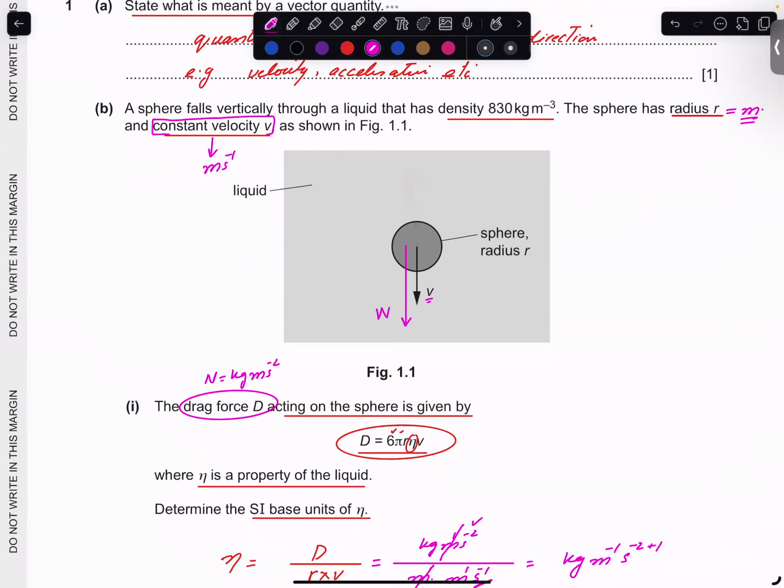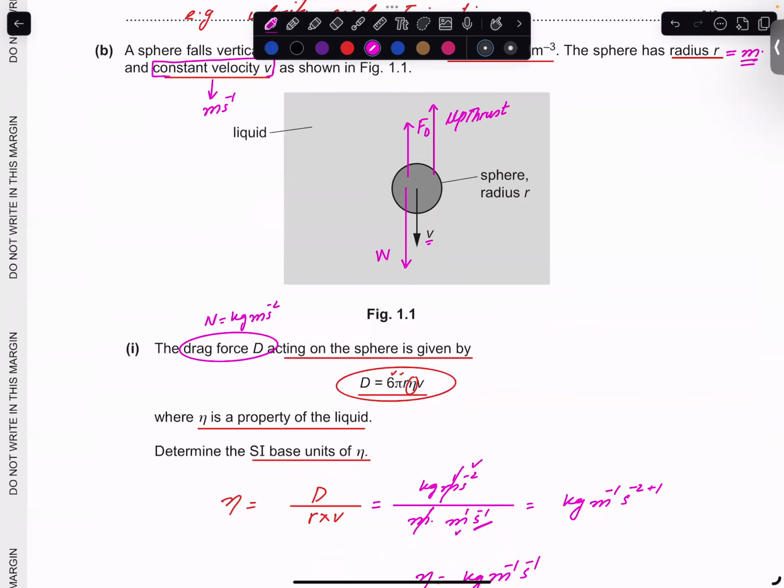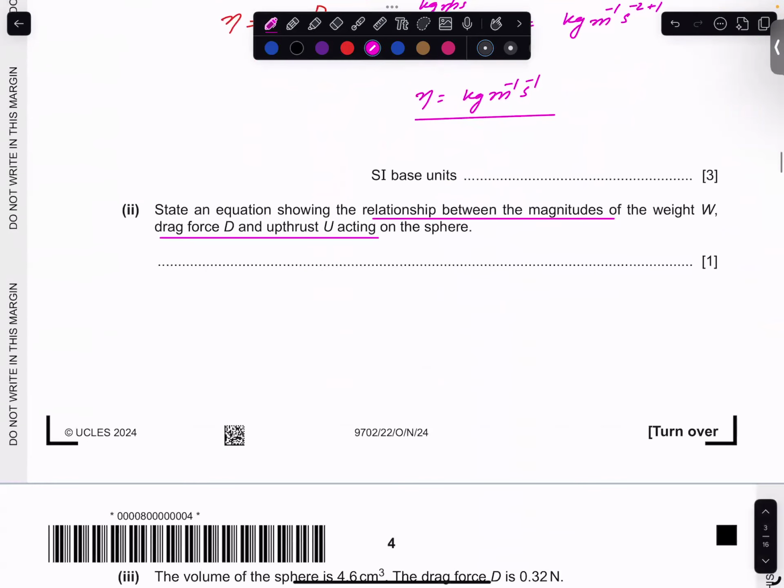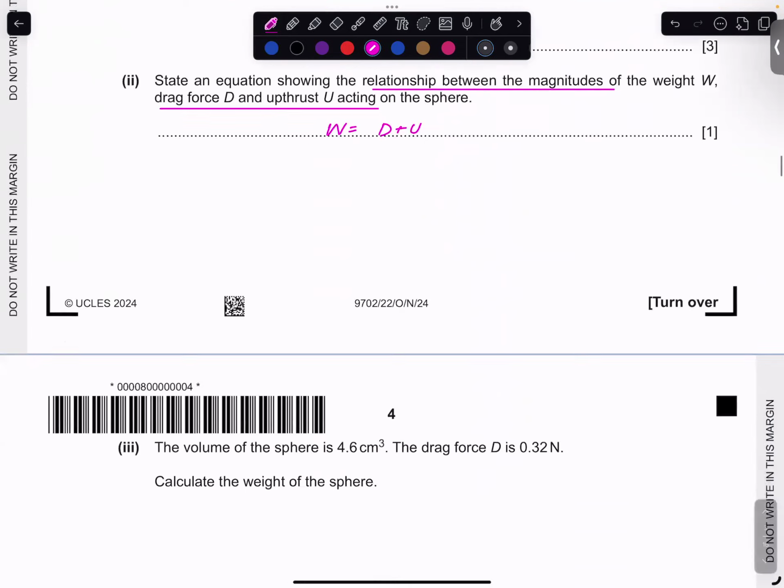So velocity is downward, so there is a drag force upward, which I will mention as Fd, plus the water exerts a force named upthrust, which is also upward. So the equation shows that the weight of the body will be equal to the drag force plus upthrust force.